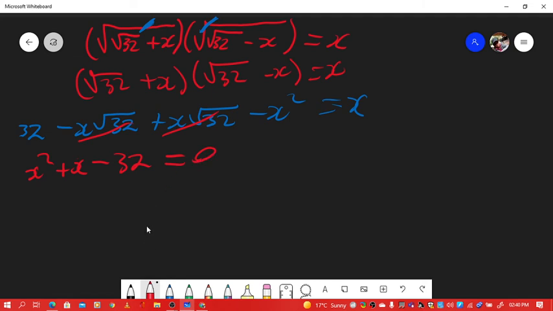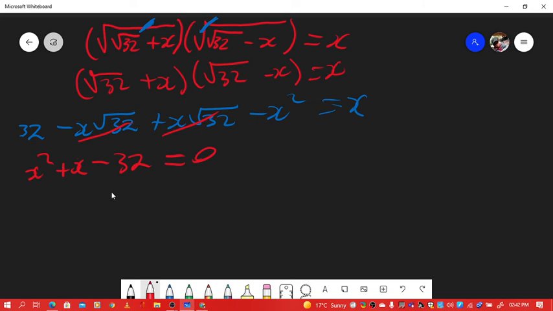Now let us check what are the factors of 32 that you can add and subtract, then they give you positive 1. Okay, so I don't see any nearest factors, because 6 and 5 give you 30, not 32. So we will use the quadratic formula.